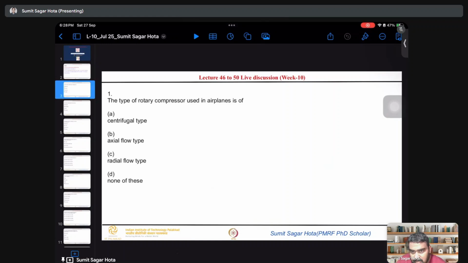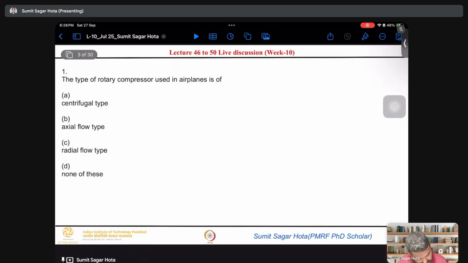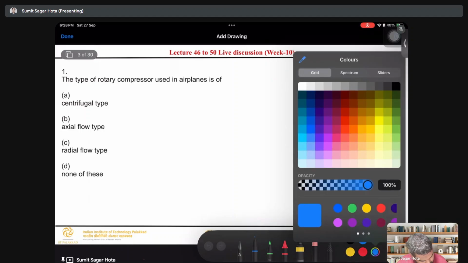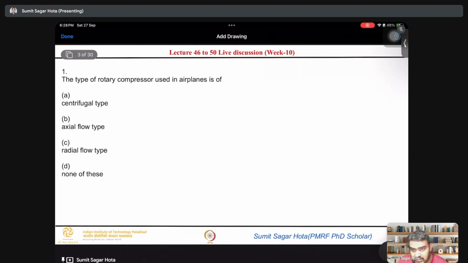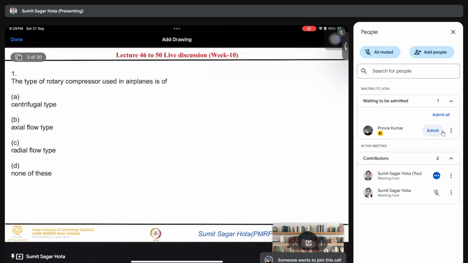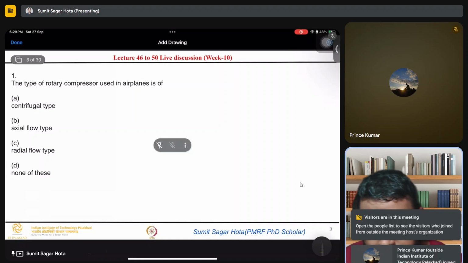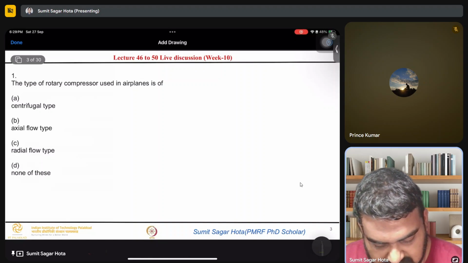The question is, the type of rotary compressor used in aeroplanes is of dash type. Basically there are two types of rotary compressors.